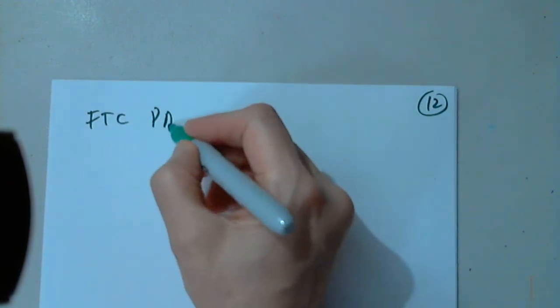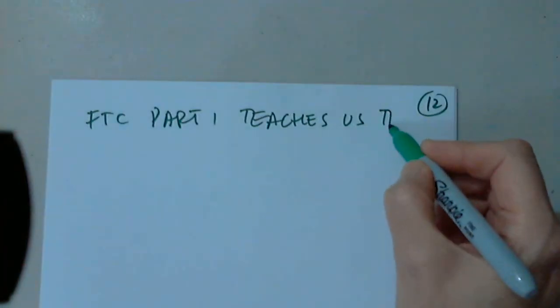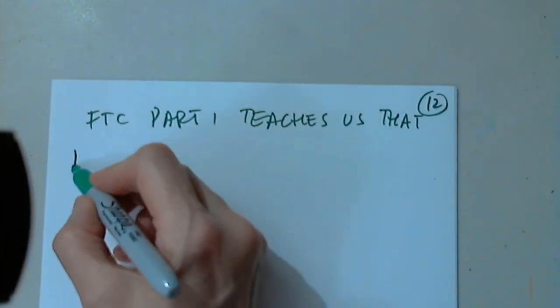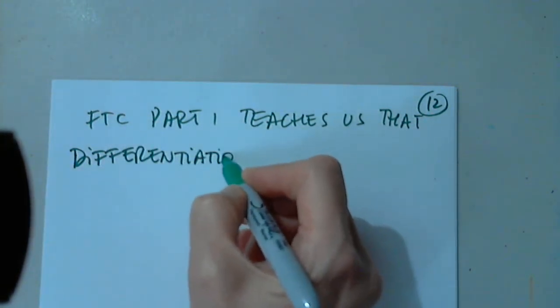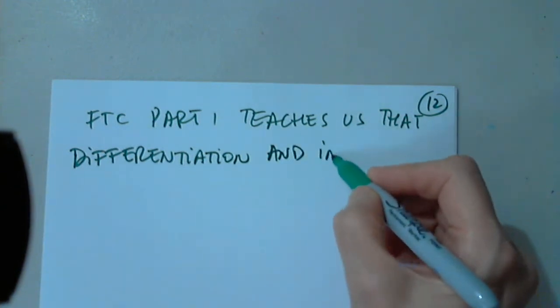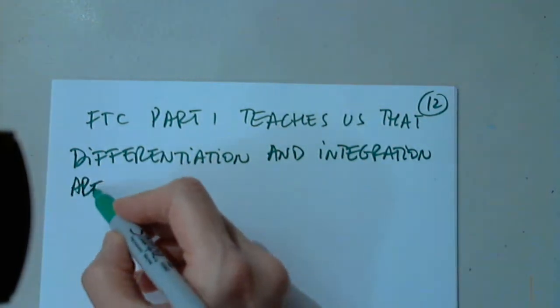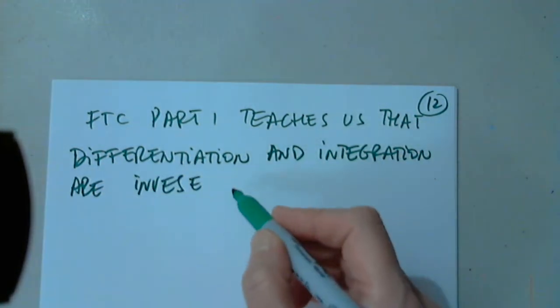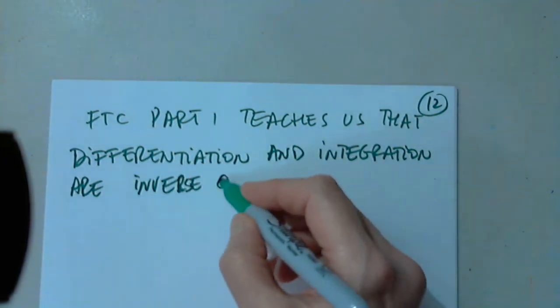So I would go to the next page. FTC part 1 teaches us that differentiation and integration are inverse operations.